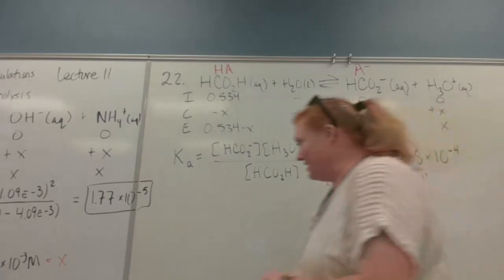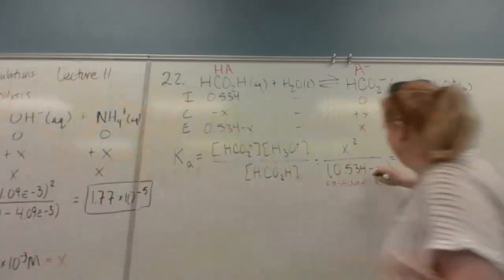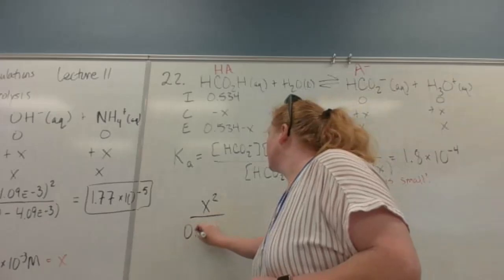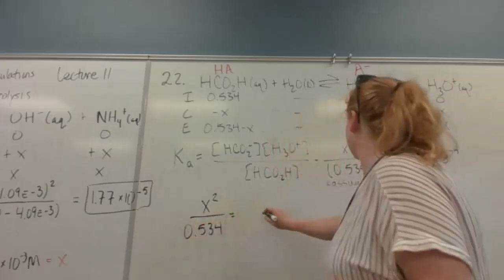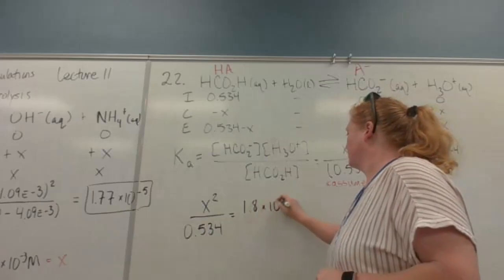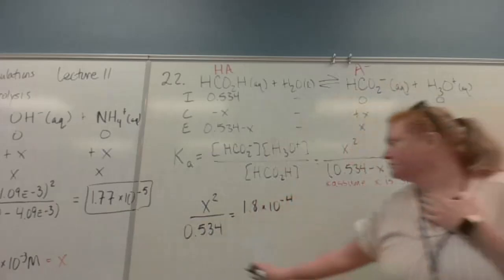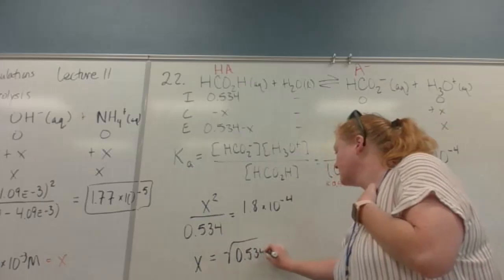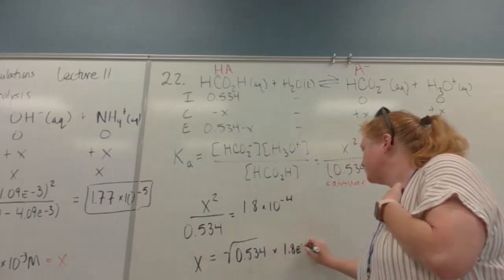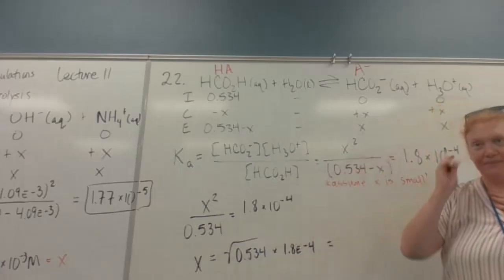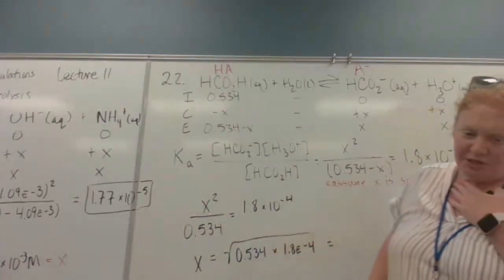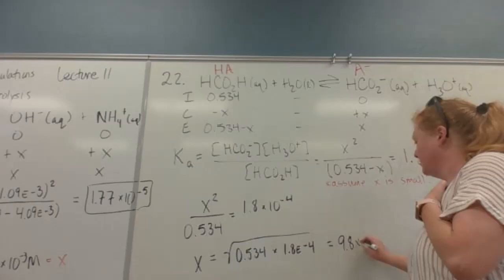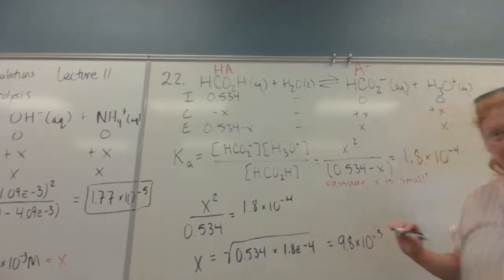So I'm going to ignore the minus X and just solve for X. I'm multiplying these two numbers and taking the square root. That's how I'm solving for x. And I'm going to get 9.8 times 10 to the negative third.